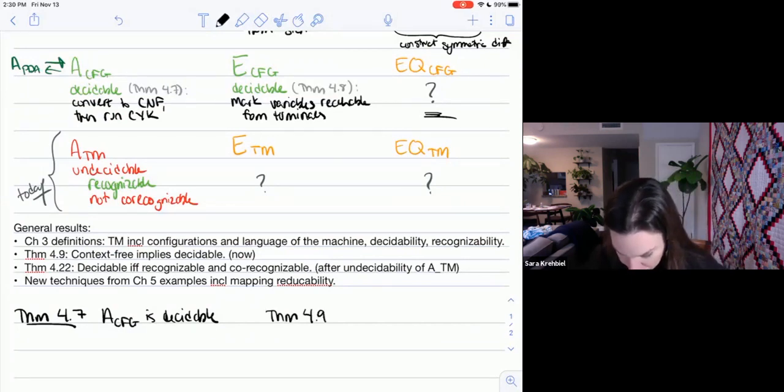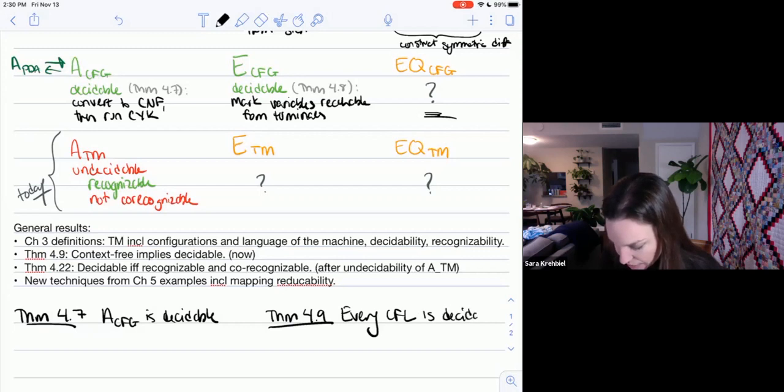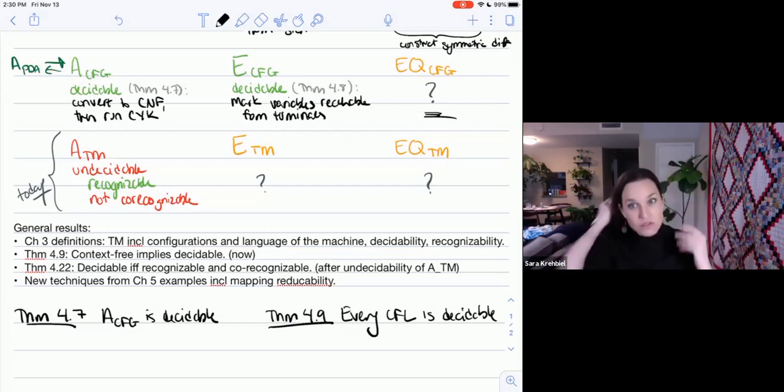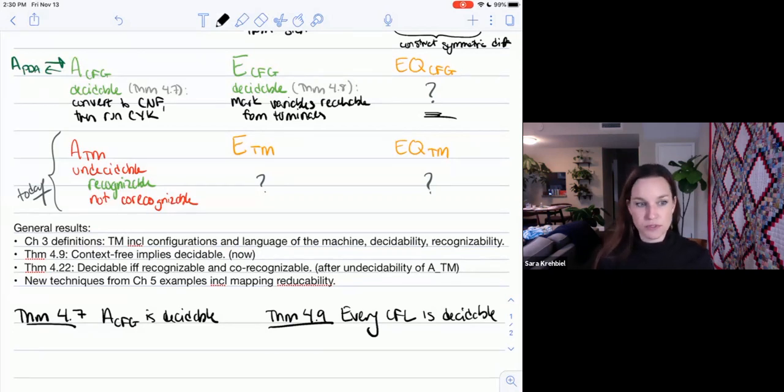There's also a theorem 4.9 that we didn't talk about, which is that every CFL is decidable. So this is where being really precise about these definitions comes into play. You can glance at these and say, it's not even clear to me what the difference is between these theorem statements, much less what the difference between the proofs are going to be.